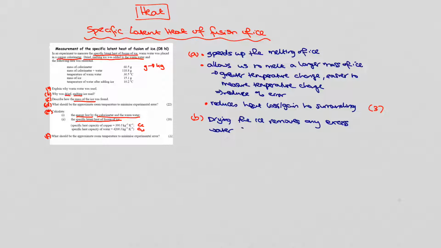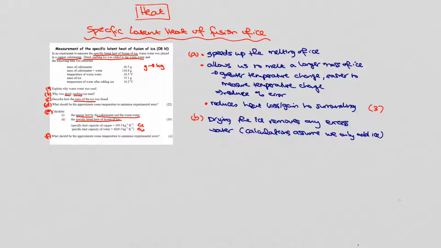And our calculations assume we are only adding ice. So if we didn't dry the ice, then that would affect our calculations and cause a larger percentage error.